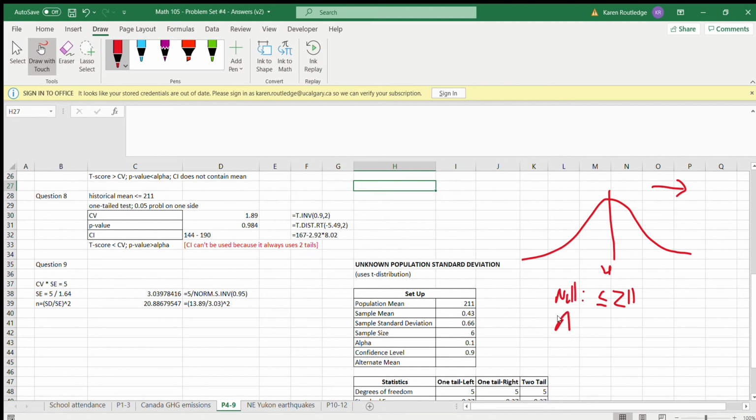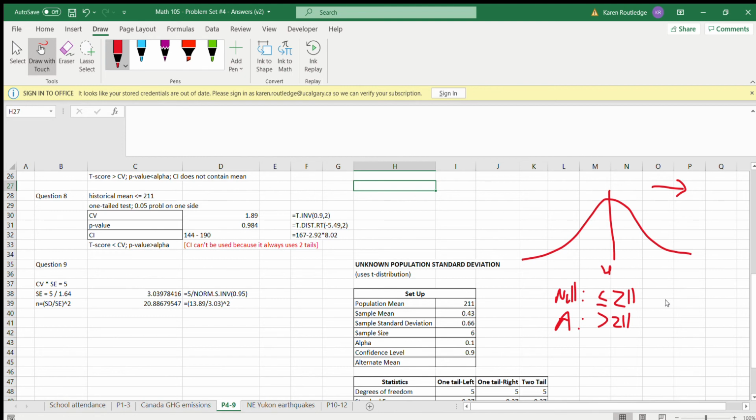My alternative to the null hypothesis then is going to be greater than 211. So we're talking about whether or not that equal sign matters. All values have to be covered by at least one of these. In this case, they are. I'm including everything to the left, I'm including 211 itself, and the alternative is everything above. That is every possible number.